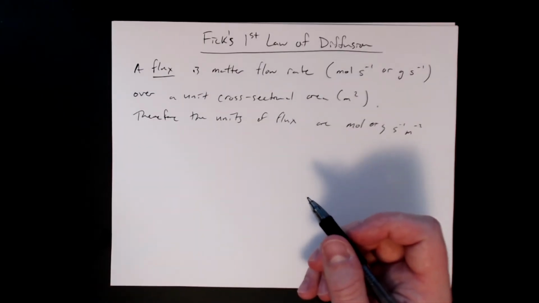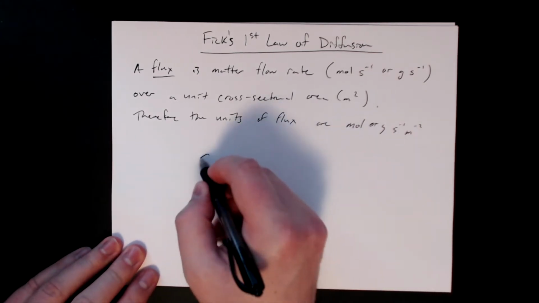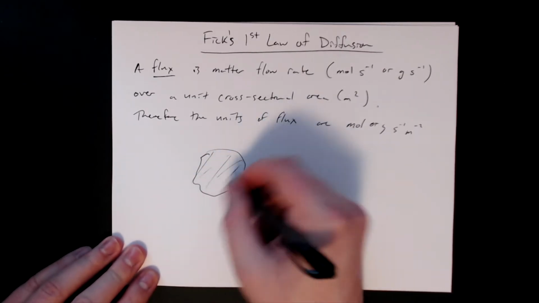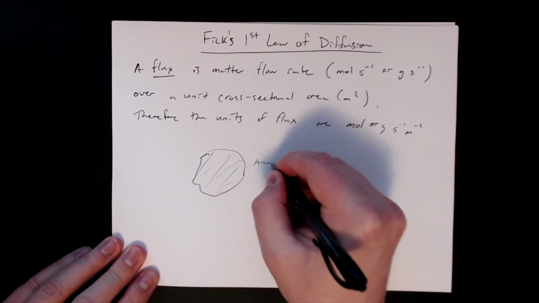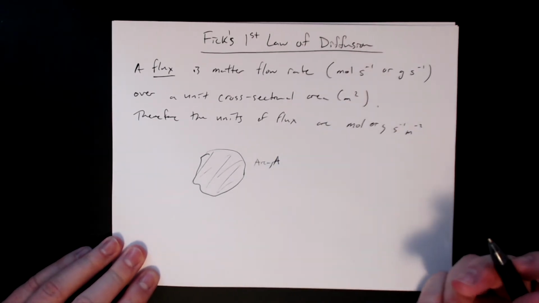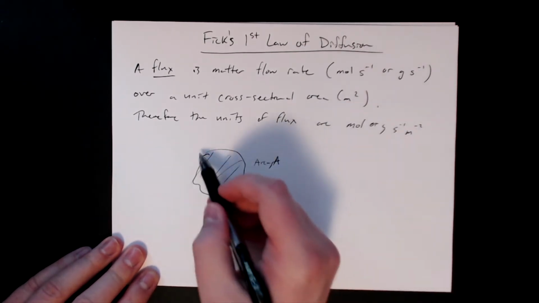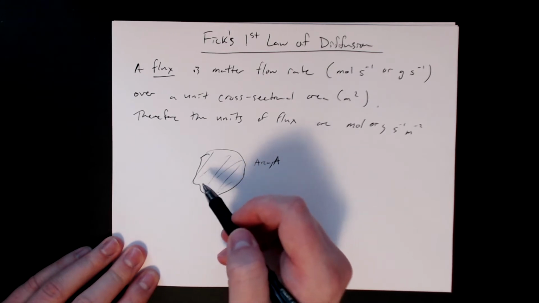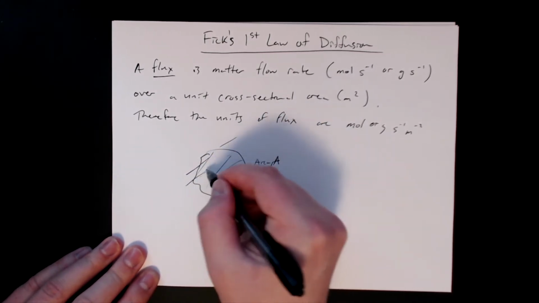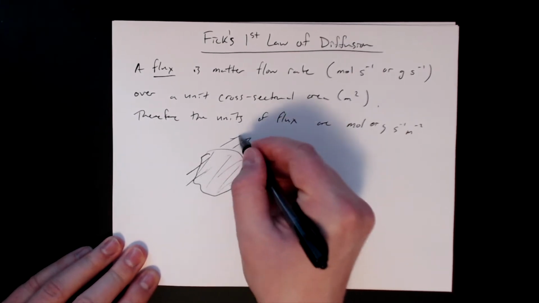So let's kind of sketch this out, because that might be an easier way of thinking about it. So let's say we've got some area, right? This here is our area, and we'll just call that A. And so we're looking at our cross-sectional area, whatever that is, and we're looking at the mass flow.